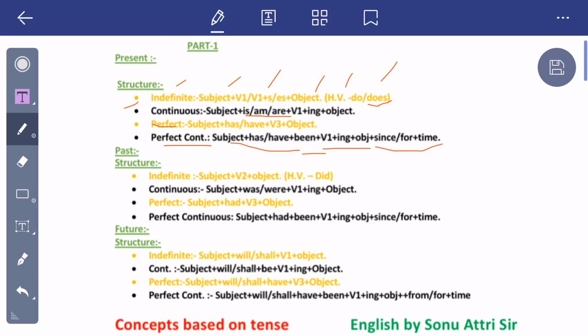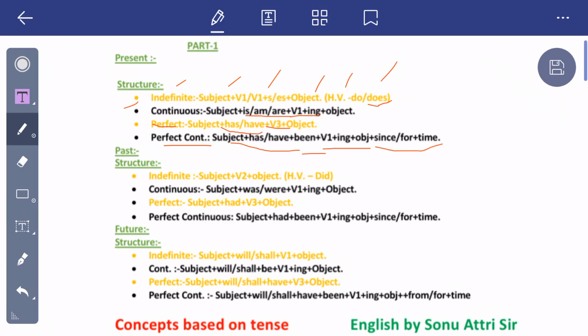As you can see, in perfect continuous tense, subject has, have plus v1 plus ing, been also there, and object plus since or for time. Actually, how will you get it? Perfect continuous is a combination of perfect tense and continuous tense. In perfect tense we are using has, have plus third form, and in continuous we are using ing form.